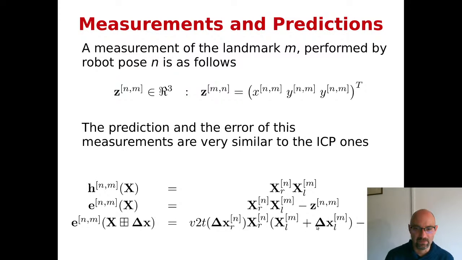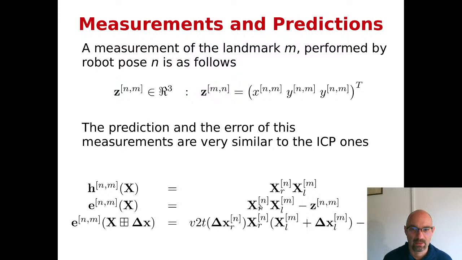If you derive this equation over here with respect to delta XL, you will have two terms: XR times XL, which doesn't depend on delta XL, and so derived makes 0. And then the second term is XR times delta XL, which develops in the rotation matrix of XR times delta XL plus the translation vector of XR.